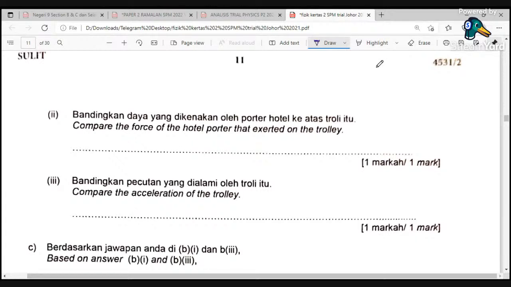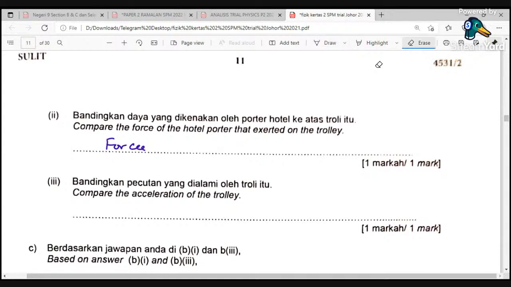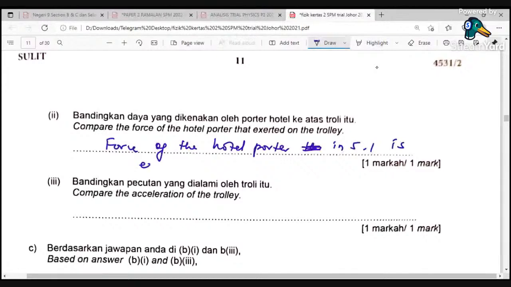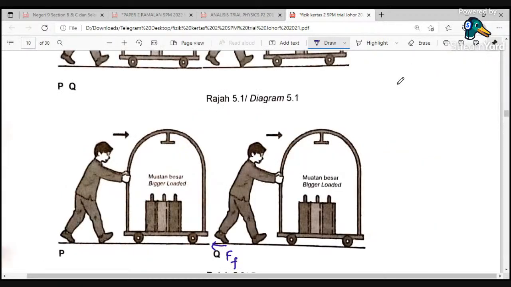Okay, push at the same force. So force of the trolley is same. Saya start dengan 5.1 dulu. Ini equal.